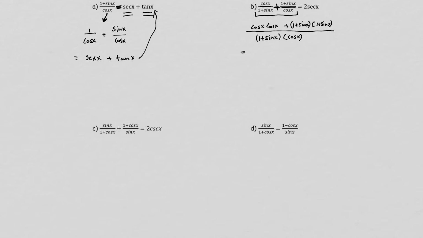This means you're going to get cosine square x plus, you need to do multiplications, right? Which you FOIL them, you get 1 plus 2 sine x plus sine square x all over the same denominator.